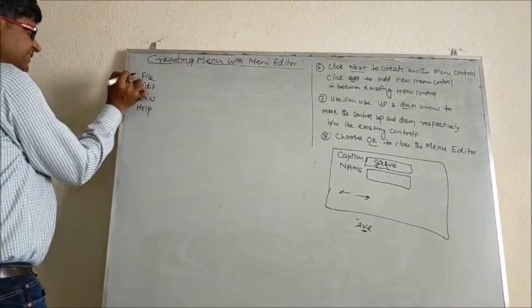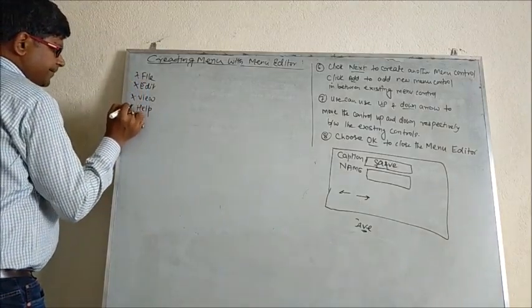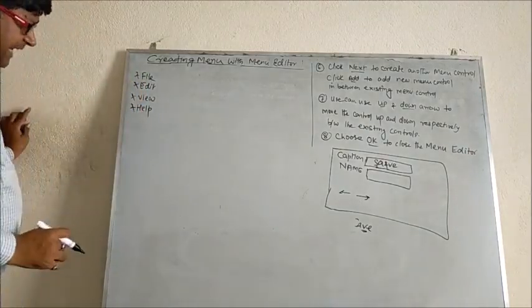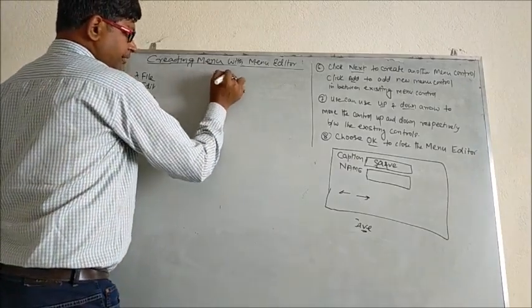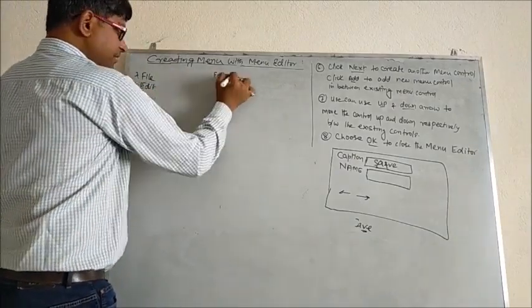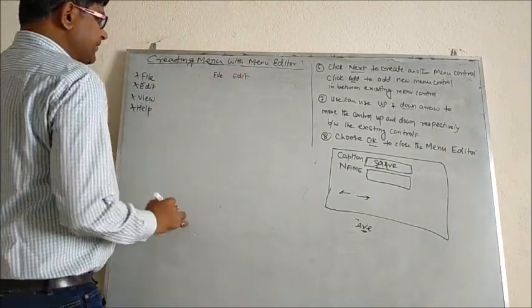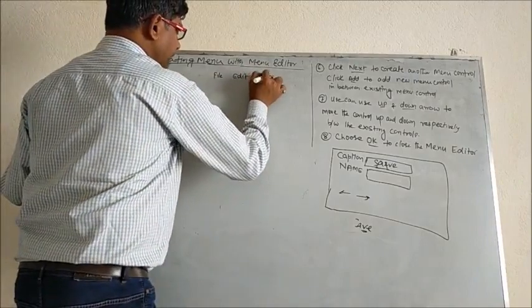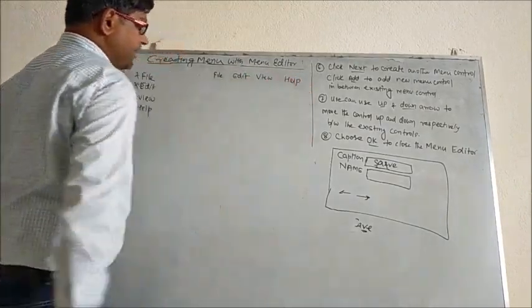And in this I have used ampersand, right? So the final outcome will be your file on form. Next to file you will get edit, next to edit you will get view, and next to that you will get help, right?